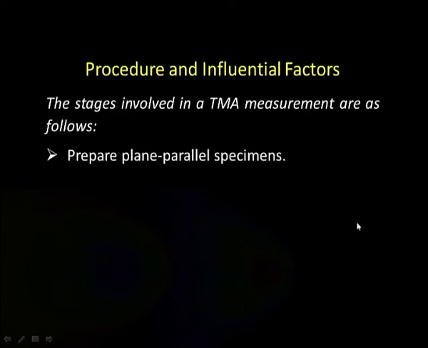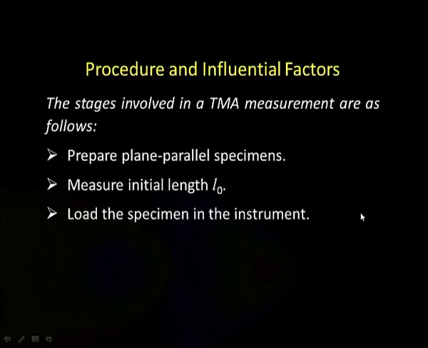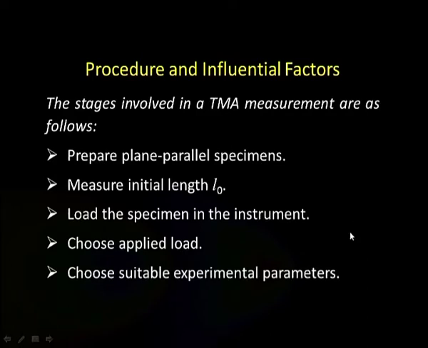Now, let us come to the procedure and influential factors in TMA. The stages involved in a TMA measurement are as follows. The first one, prepare plane parallel specimens, measure initial length, that is L0, load the specimen in the instrument, choose applied load, choose suitable experimental parameters.